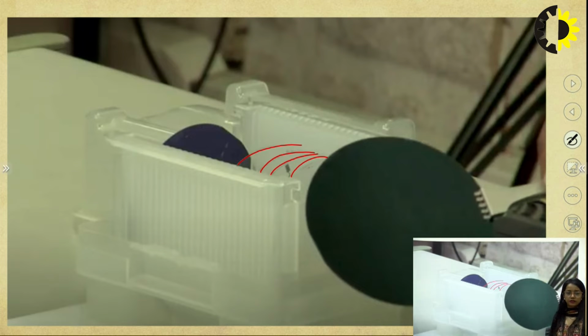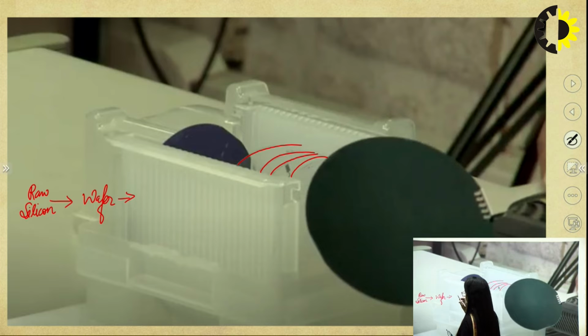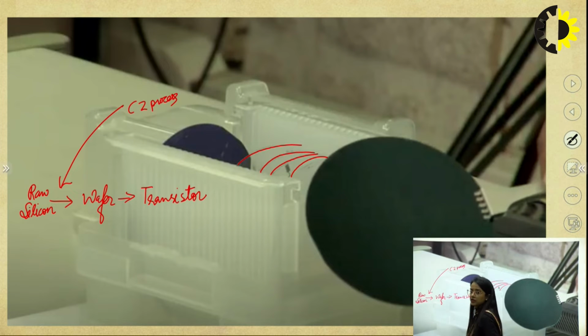We will start from raw silicon, see how a wafer is prepared from it, and then see how this wafer helps in achieving a transistor. So the CZ process is what we have to study here.